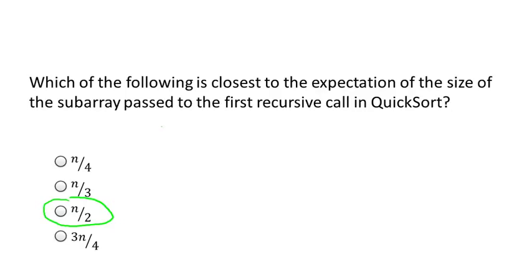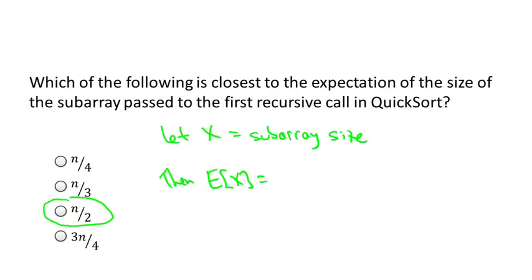So for this problem, I think it's perfectly fine just to compute this using the definition of expectation. If we let x denote the random variable that we care about, the subarray size, then we can just compute directly by summing over all of the possible outcomes, all of the possible choices of the pivot. So with probability 1 over n, we choose the minimum as the pivot, resulting in 0 elements being passed to the first recursive call.